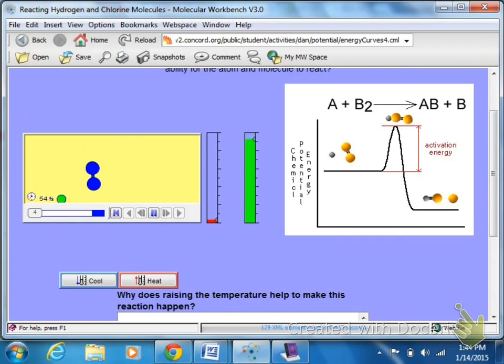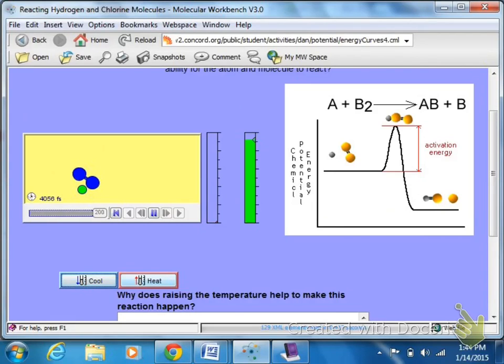So let's cool it down. What do you think's going to happen here if I have it too cold? They're going to move extra slow. And of course, then we're not going to get enough energy. We're just going to sit there the whole time. Slow motion.